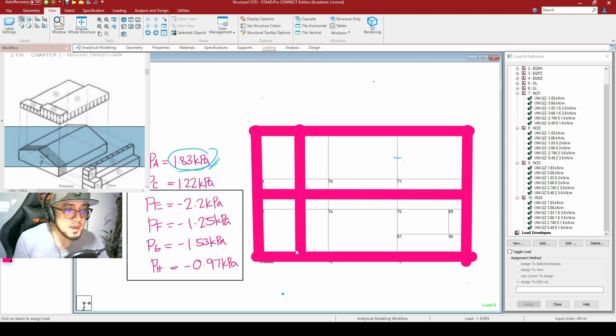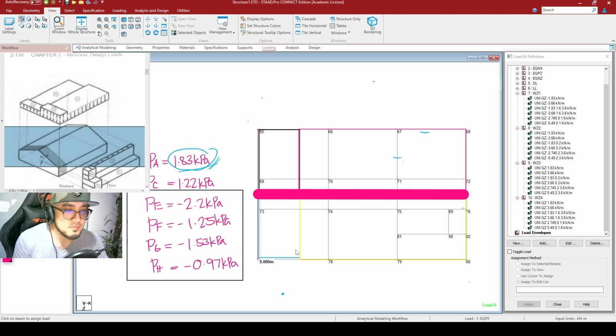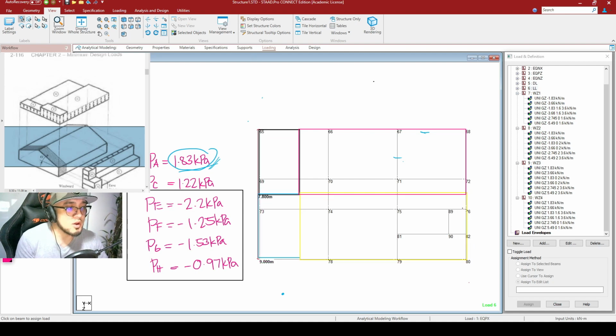If this is the case, you can assign floor loads here. But the thing is, we don't have this geometry of our roof beams. So what we will be doing once again is converting these pressures into line loads, or member loads.